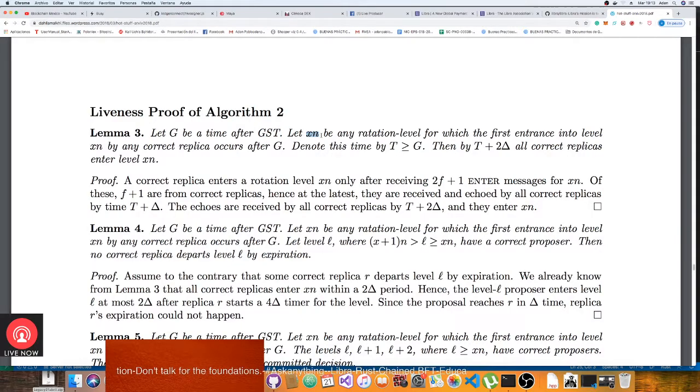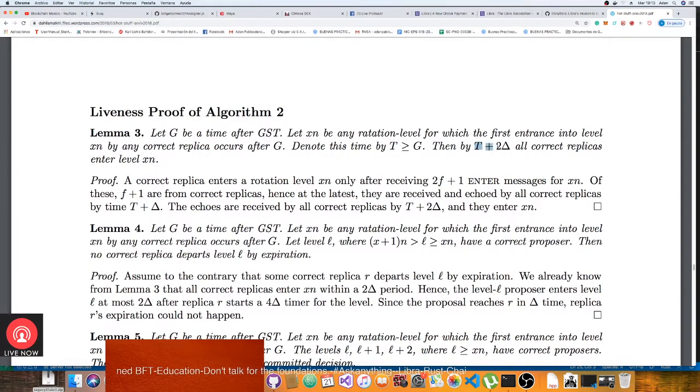Let Xn be a rotation level for which the first entrance into level X by any correct replica occurs after G. Then note this time T for this condition, that this is bigger than this. So far you have the entropy thing in the condition of the deltas.